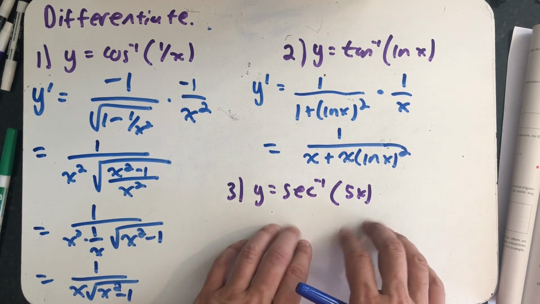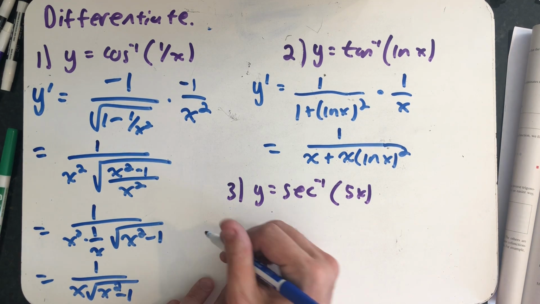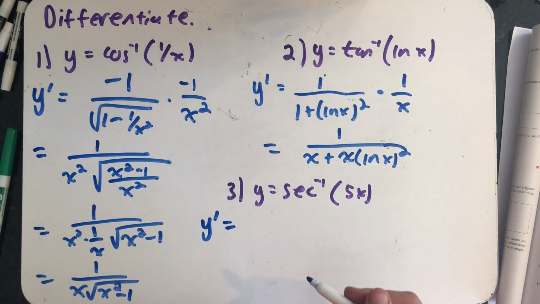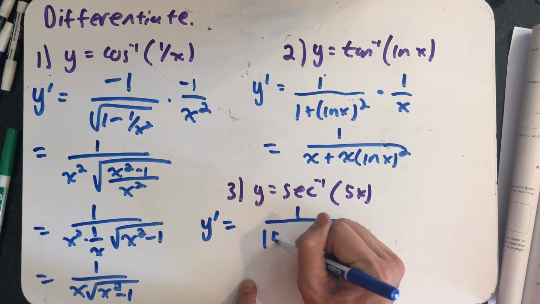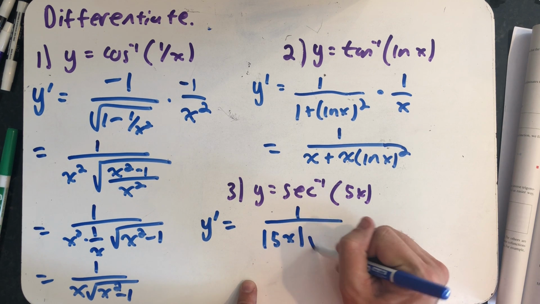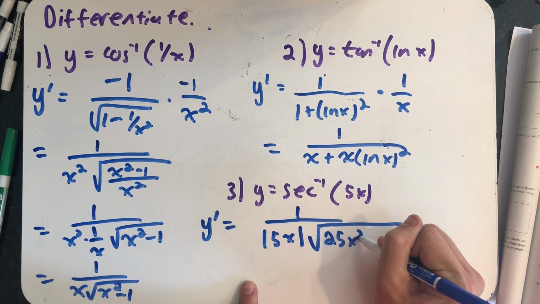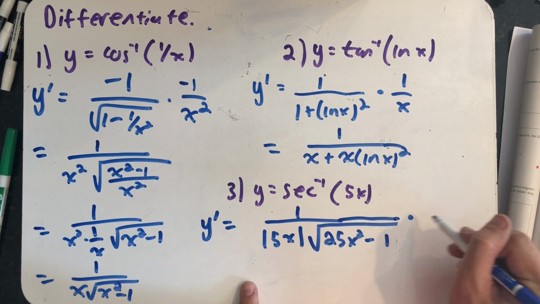And our final example, take the derivative of arcsecant of 5x. Following the rule for inverse secant, y prime will be 1 over the absolute value of u times the square root of u squared minus 1 times the derivative of u.